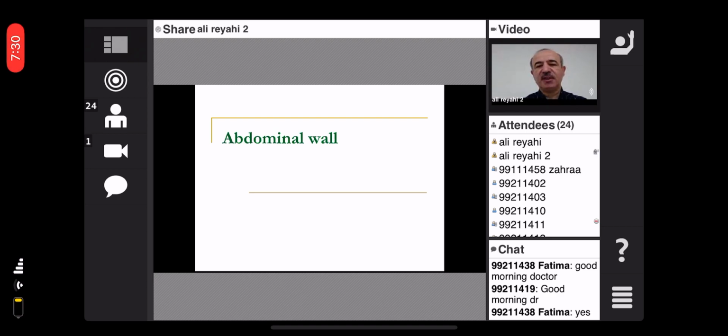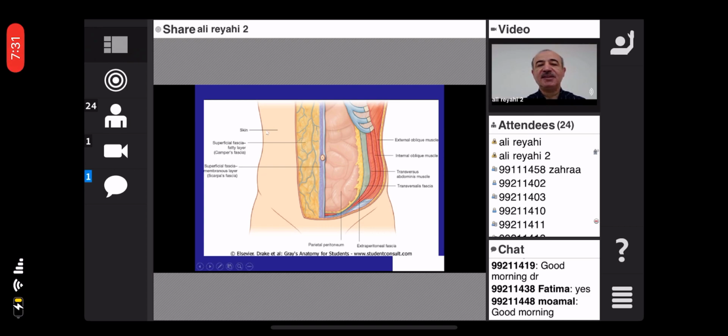In the previous lecture, we reached the abdominal wall, and I talked about some surface features of the abdomen and the layers of the abdomen. For example, you can see in this slide the layers of the abdominal wall. The external layer is skin, then superficial fascia and deep fascia.